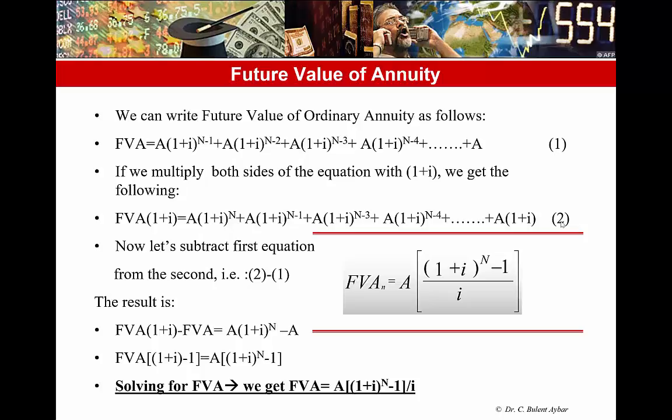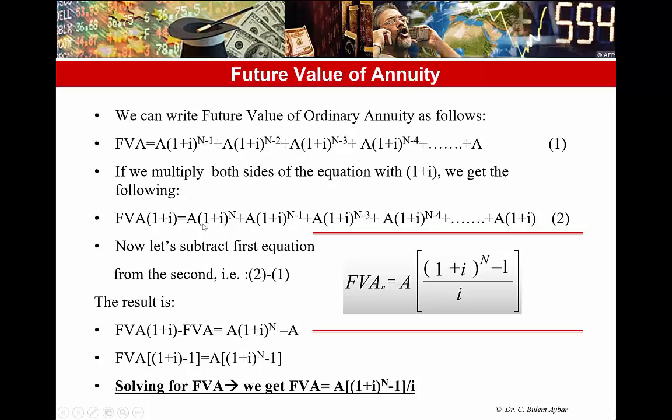Obviously, since interest rates are positive, equation 2 produces a larger value than equation 1. And if we subtract equation 1 from equation 2, a lot of terms in the equations cancel each other out, and only two terms survive.